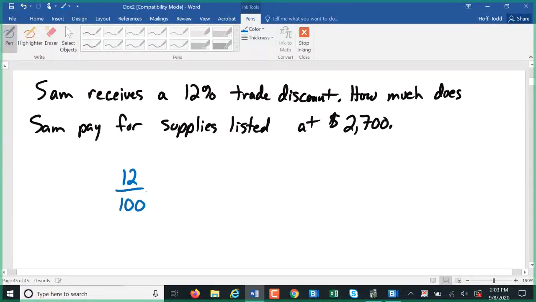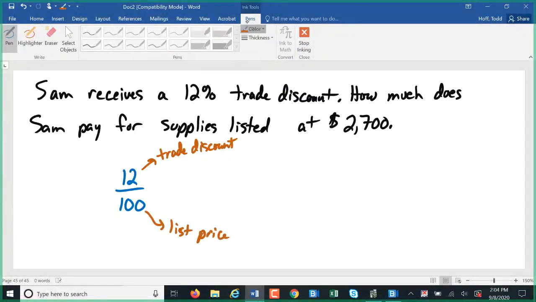We'll make that 12 over 100. Now the 12 represents that trade discount. The 100% represents the whole thing, or in other words, that list price. On the other side, we have the 2,700.